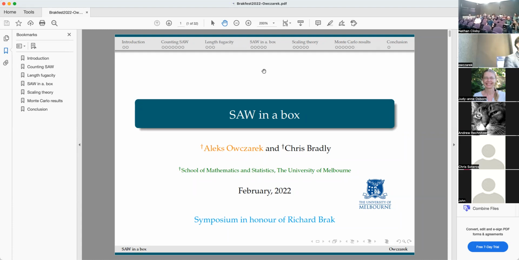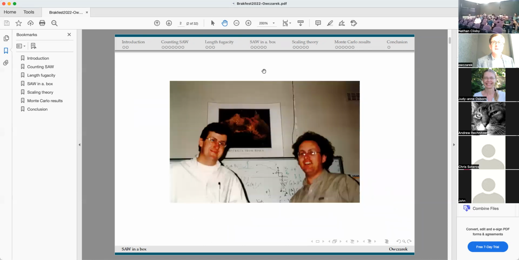But I also decided that it had some elements related to the conversations that Richard and I had when I first came to Melbourne about scaling, and also had those with Tony and with Thomas.